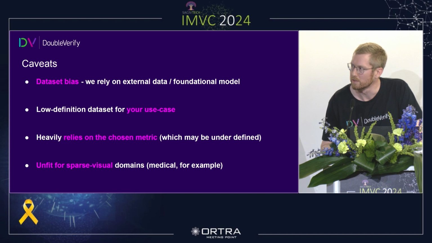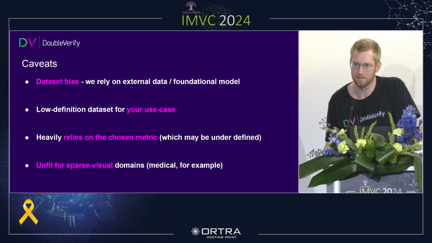So the caveats of this method are that the data set bias, the data that you choose to spread on, is highly important in this case. You want as diverse a data set as possible. If the core set is also biased, you might find you're not pushing much new information into your data.